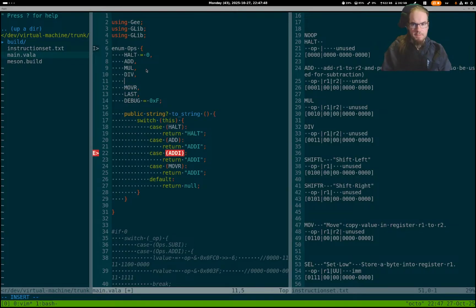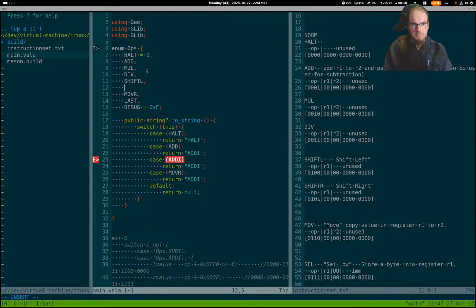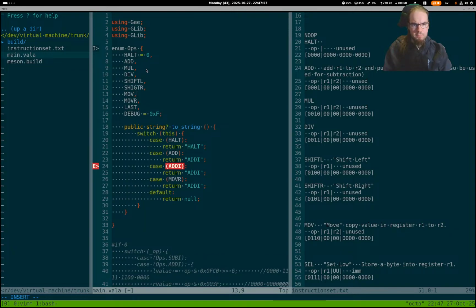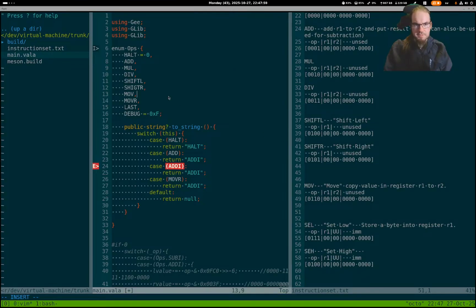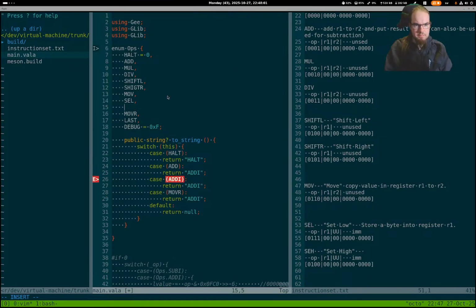We have shift left, shift right, mov. We got sell, sell.